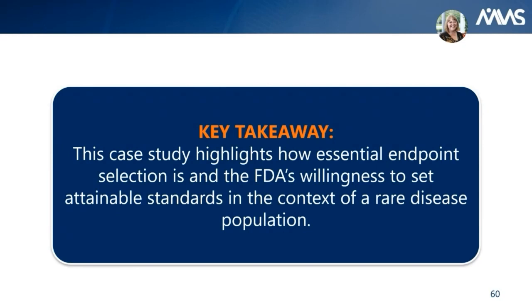Typically, we don't think of surrogate endpoints leading to a full approval, but FDA understood that in such a rare disease population, doing a long, drawn-out study that could actually evaluate kidney function was just not feasible. And they used all of the data showing that there was a direct link between the accumulation of oxalate to support a full approval in this particular instance.